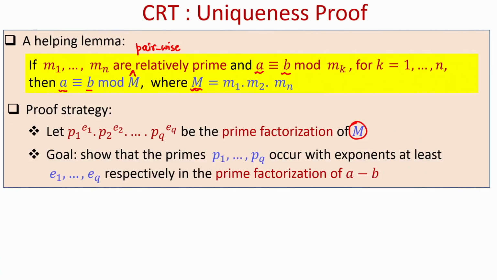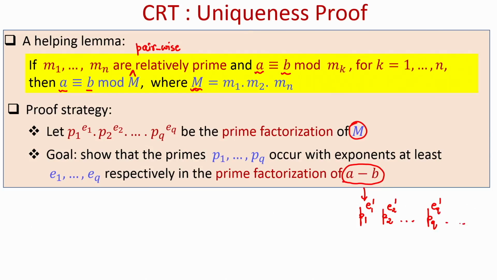Now, my goal is to show the following. In my proof, I will show that if I take the prime power factorization of a minus b, so a minus b also will be a number and it will have a prime power factorization, let the prime power factorization of a minus b be p1 to the E1 prime, p2 to the E2 prime, and like that pq to the EQ prime and so on.